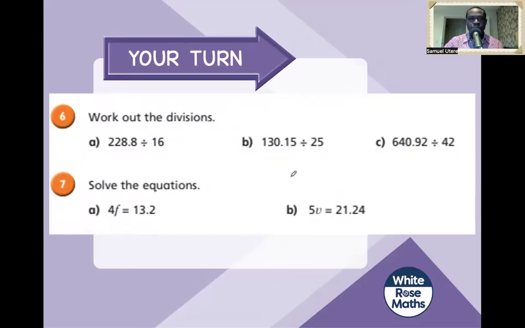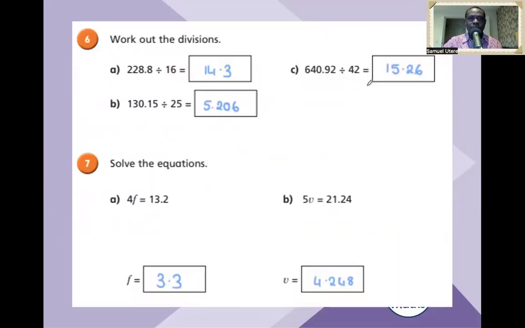Assuming you've paused the video and you've answered the questions, here are the answers. This one, you could have done by dividing by 8 and then dividing by 2 in the second step, or dividing by 4 and then dividing by 4 again in the second step. This one you could divide by 5 and then divide by 5 again.